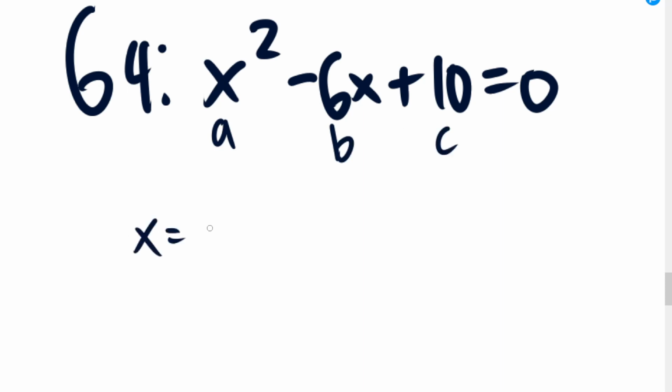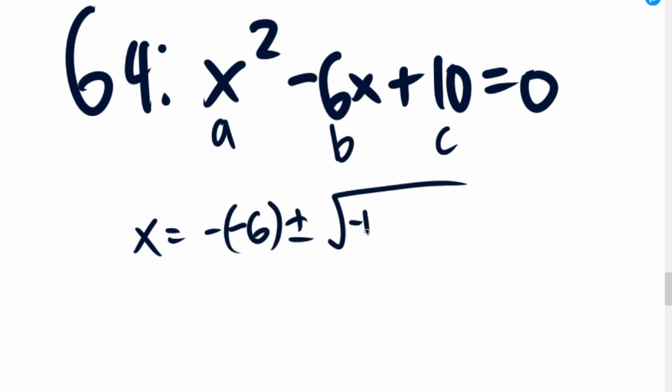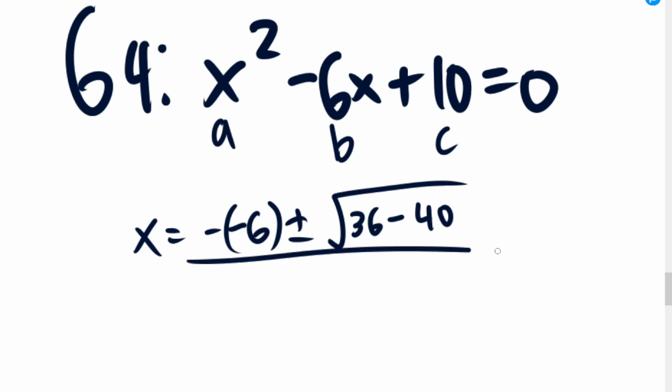So x is equal to negative b, which is negative 6, plus or minus the square root of b squared, which is negative 6 squared, just positive 36, minus 4 times a times c, which is minus 40, all over 2 times a, which is 1.